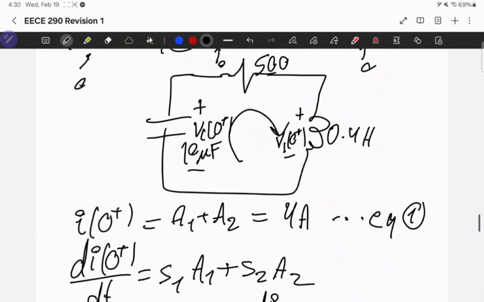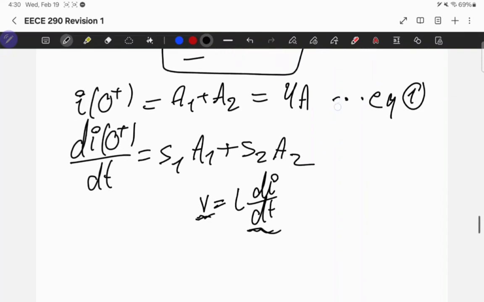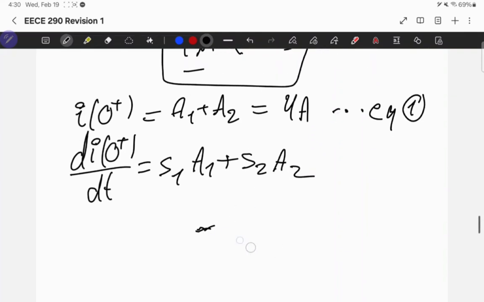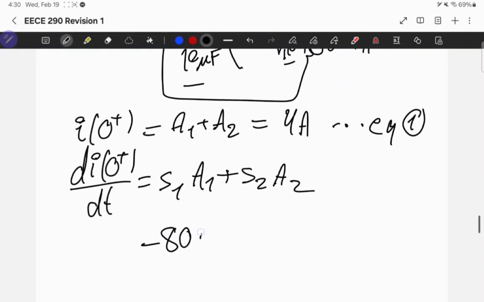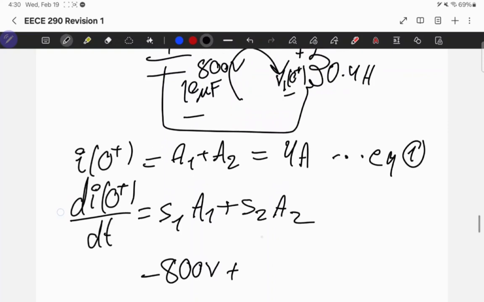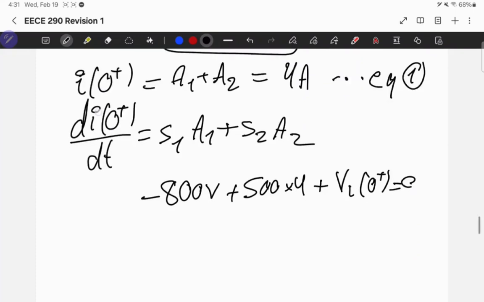So down here, I flip the polarity, minus plus 800 volts. Now I can do this KVL right now. So I get minus 800 volts across the capacitor, plus 500 times i at 0 plus, so times 4, plus VL at 0 plus, all equal to 0.